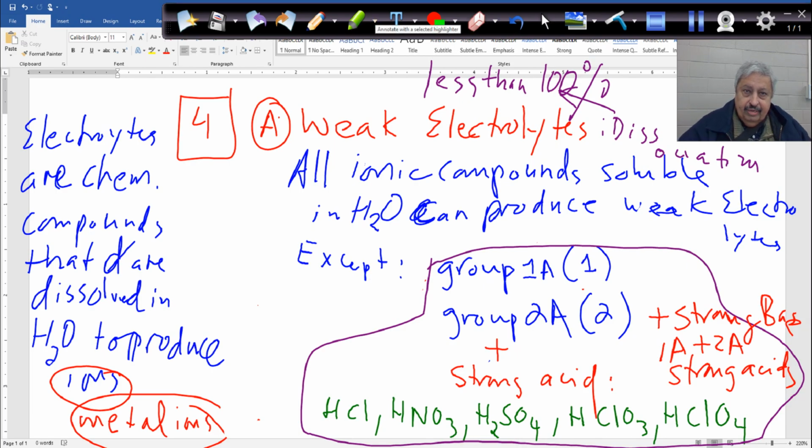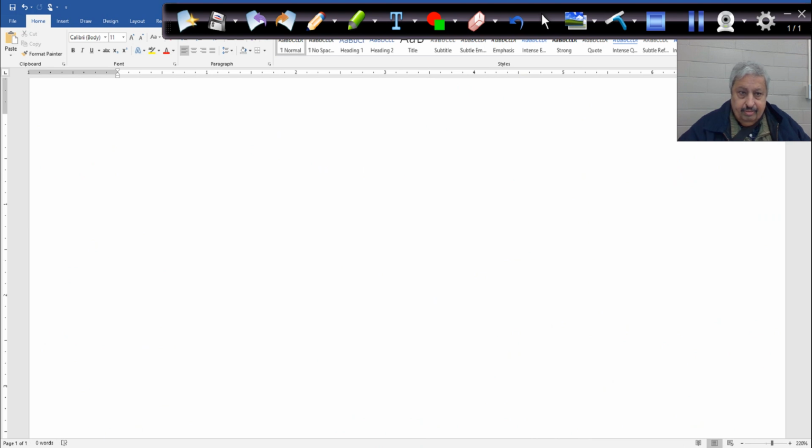So we know that's all weak except group number 1, group number 2. Okay, those are always the ions. They are very strong. They dissociate 100%. So let's look at number 2 here, strong electrolyte.